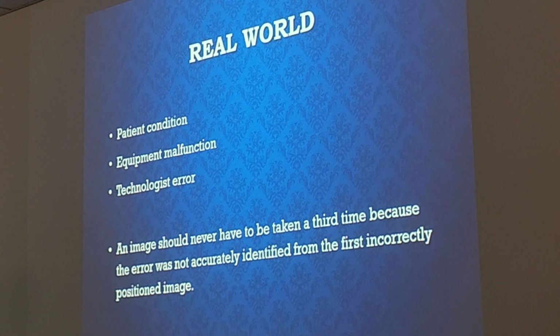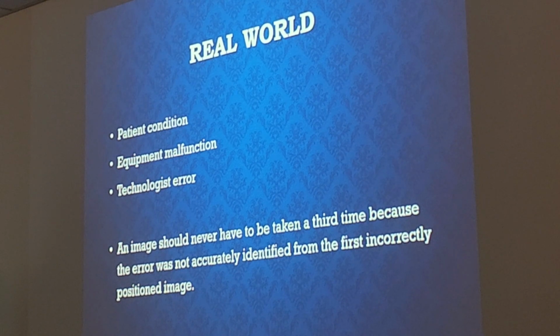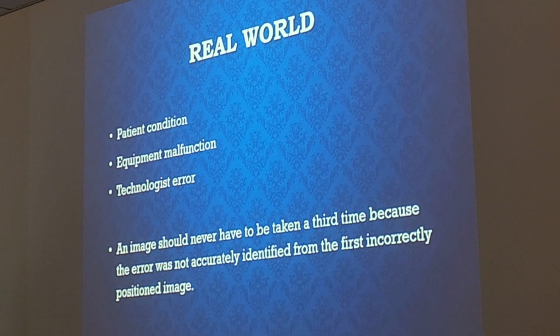So I have 2 thoughts on this. Number 1, you stop when the image is acceptable, when it's good enough to send to the radiologist and they're able to see what they need to see in order to make the diagnosis. Second thought is that after shooting your first image and realizing that something is wrong, making it not acceptable, you should only need 1 additional picture in order to get it to be an acceptable image.